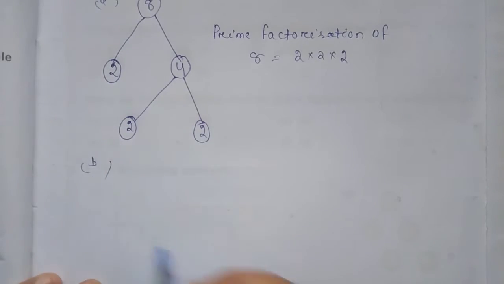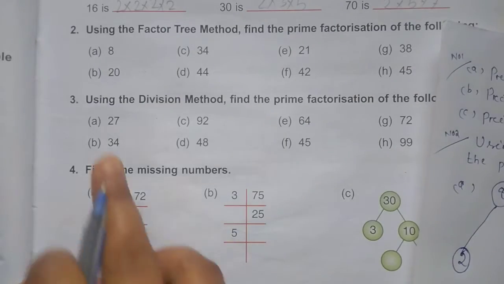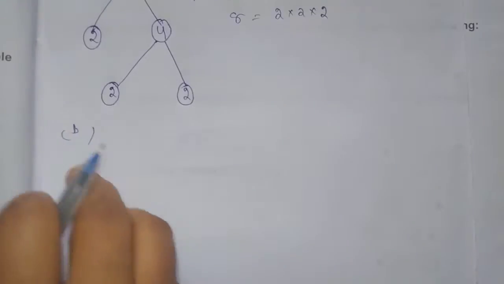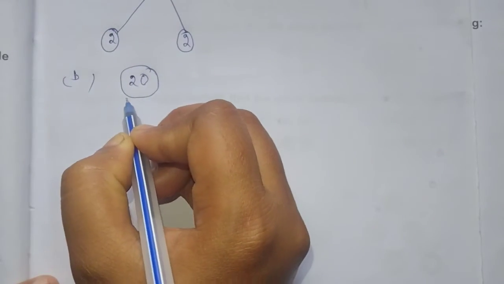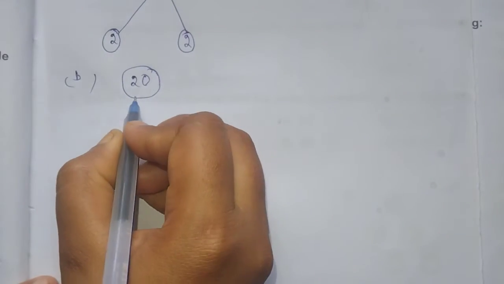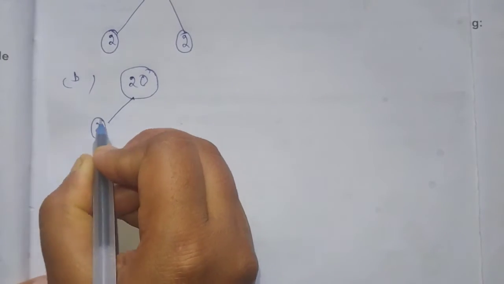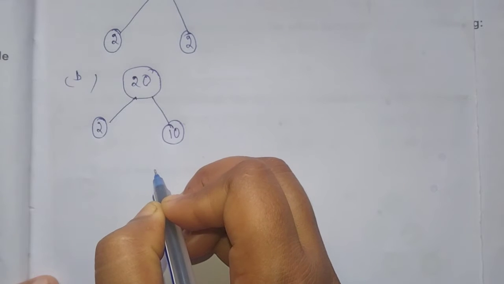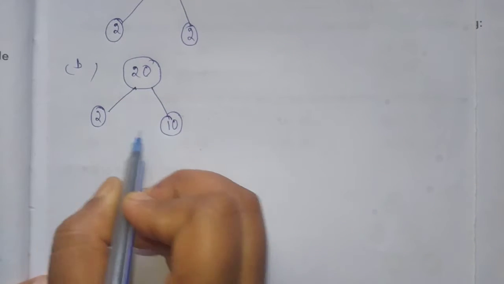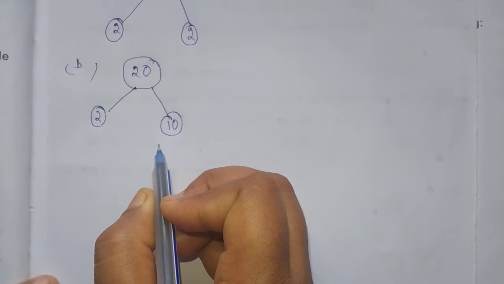Then B, 20. First we can break 20 into two factors, that is 2 times 10 is 20. Here 2 is a prime number and 10 is a composite number.